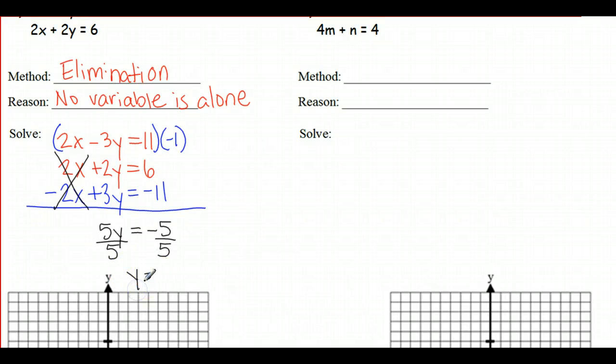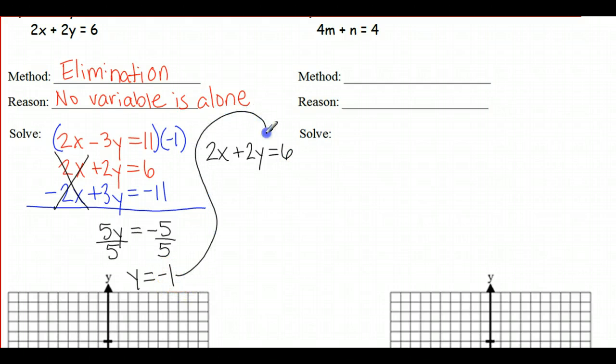So now that we know what y is, we're going to take it and plug it into one of the original equations to find x. I'm going to go ahead and use the equation 2x plus 2y equals 6. And again, I'm saying that y is -1, so I'm going to plug it in for y. 2x plus 2 times -1 equals 6.